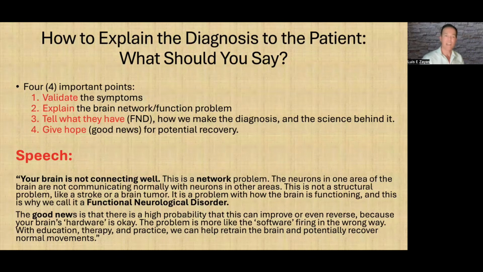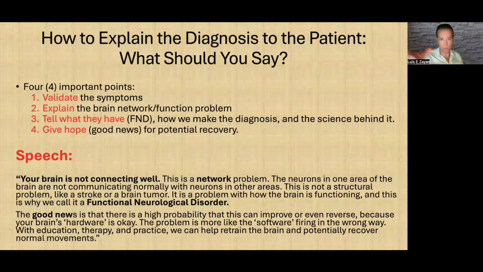It's like trust. At the same time, you validate that this is real. They're not making this up, at least 99% of the time. Obviously, there are some patients that have factitious disorder or malingering. That's different. I'm talking about functional neurological disorder, or what we call conversion disorder, which is another name. Conversion disorder.